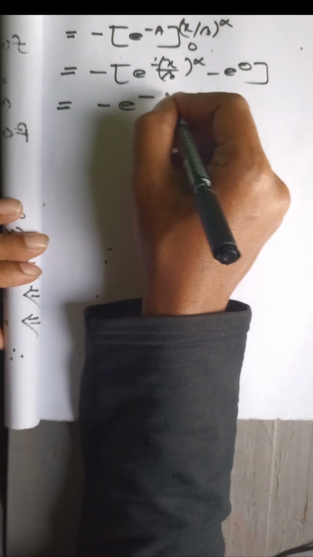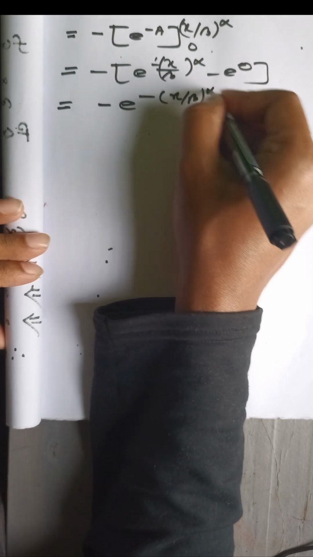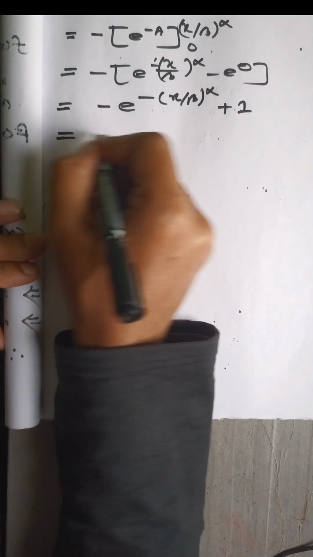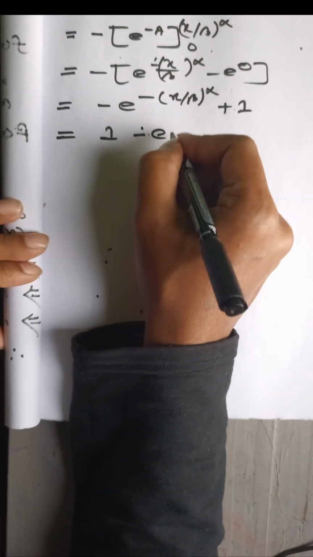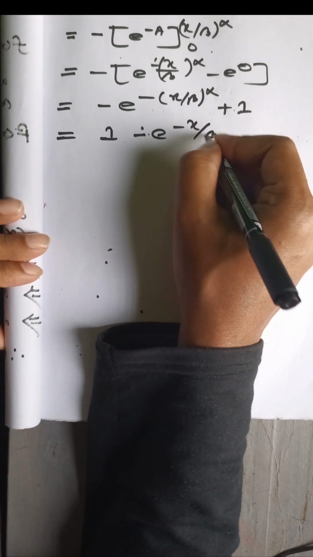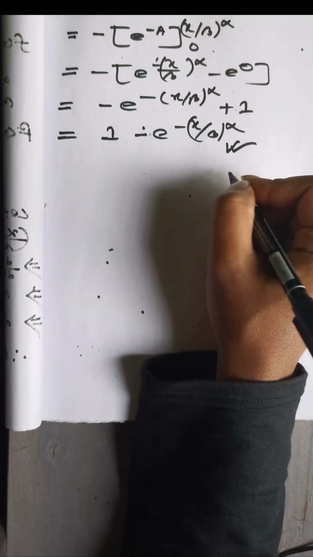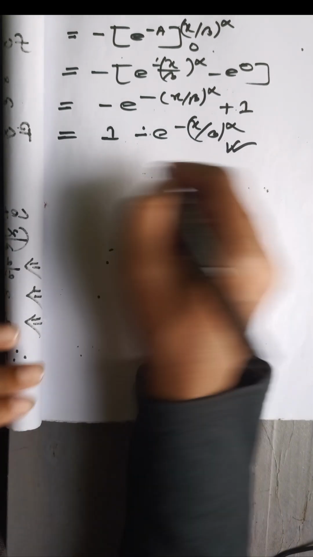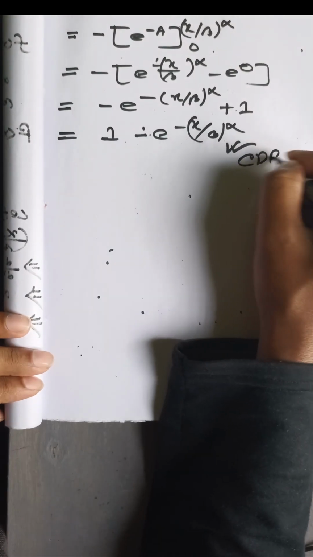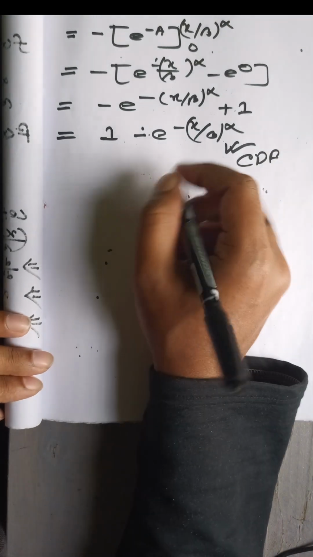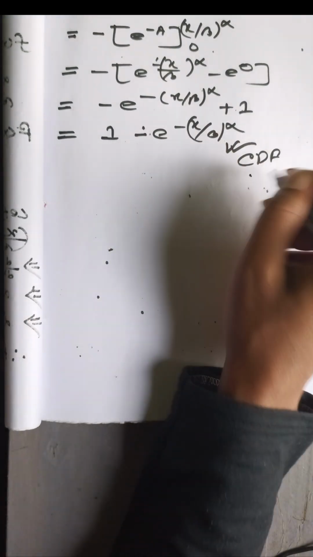And now we can write plus 1. So 1 minus e to the power minus (x by beta) whole to the power alpha. So this is our desired CDF of Weibull distribution. Thank you very much.